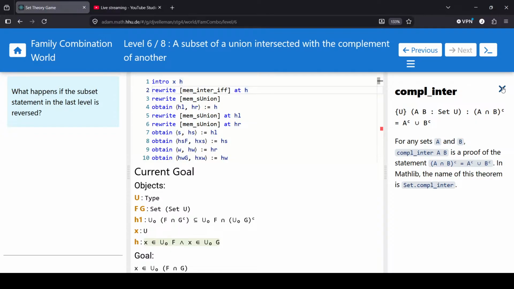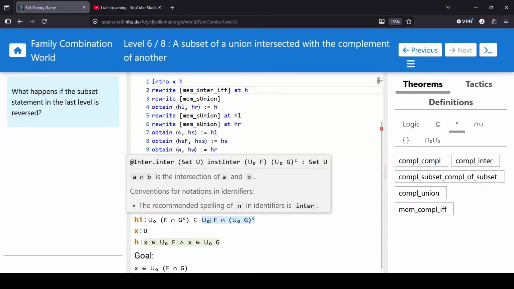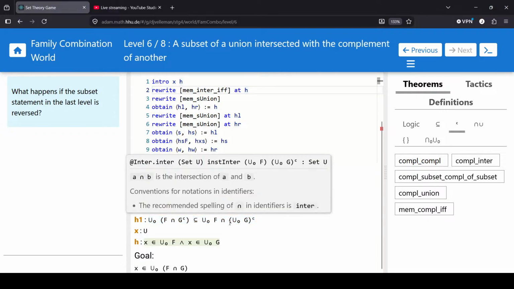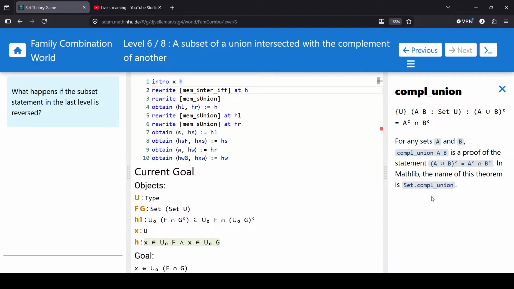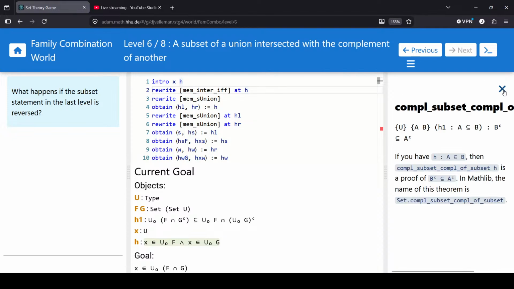We don't have any kind of like membership here. Yeah, and then there's no, yeah, because there's no membership here, this is surprisingly hard. Compol union? No. Same problem. Yeah, you only apply to this.